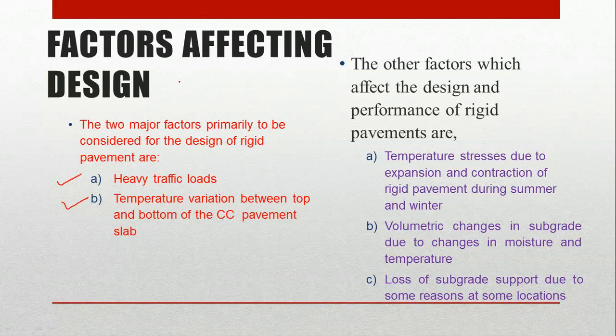Because of variation in the climatic condition and the moisture content in the different layers of the rigid pavement, volumetric changes will occur, so that we also need to consider. That is type of traffic loads, temperature variations, volumetric change in the pavement design, and the loss of subgrade support because of the location or any environmental factor. All these factors affect the design of CC pavement.